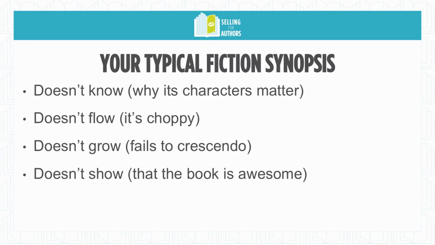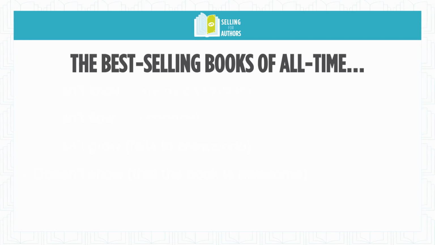And it doesn't show that there is a reason to buy the book, that the book is awesome, that there is a huge cliffhanger in the description that leaves readers wanting more. So it doesn't know, doesn't flow, doesn't grow, and doesn't show. So, to rhyme with all of those.